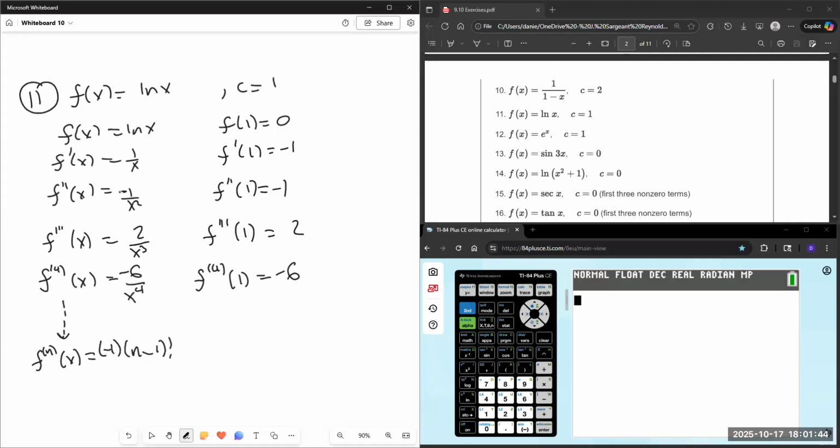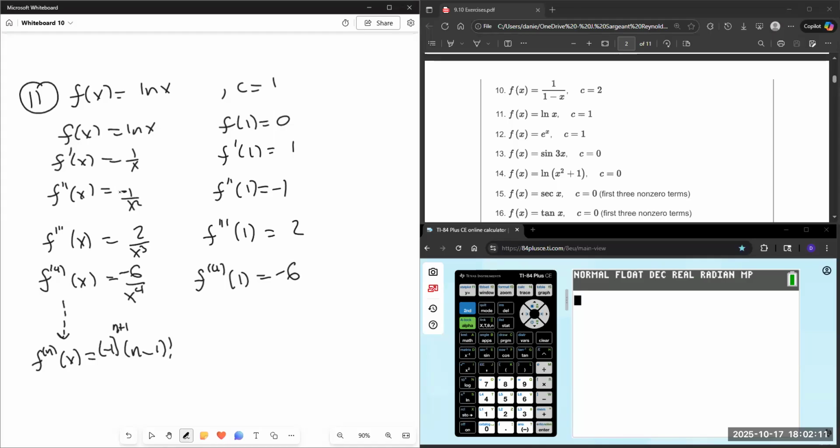Negative, and then that's positive, that's negative, that's positive, that's negative. Yes. So we're going with negative 1 to the, you can say n minus 1 or n plus 1. I usually use n plus 1. I'll make an adjustment later if I need to.